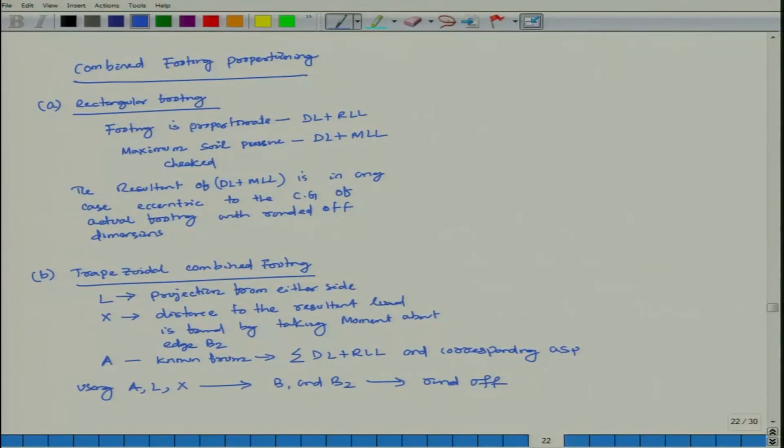L is projection from either side. X is the distance to the resultant load, found by taking moment about edge B2. A is the area you have to calculate based on your dead load plus reduced live load and corresponding allowable soil pressure considering both these cases. Then using area, L and X, find B1 and B2, and at the end you round it off.